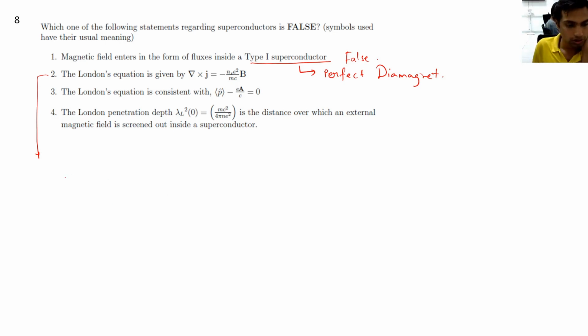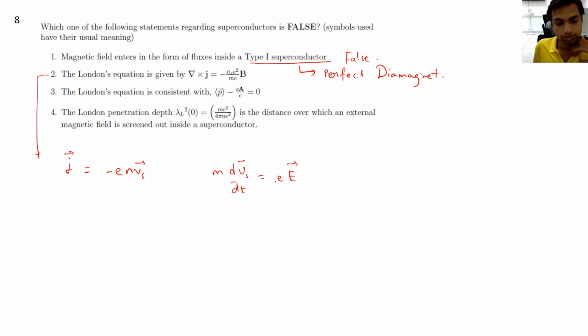So we have the current given by minus n e Vs. Vs is the velocity of the superconducting electrons. And we have from the Drude equation m dVs over dt is equal to eE.